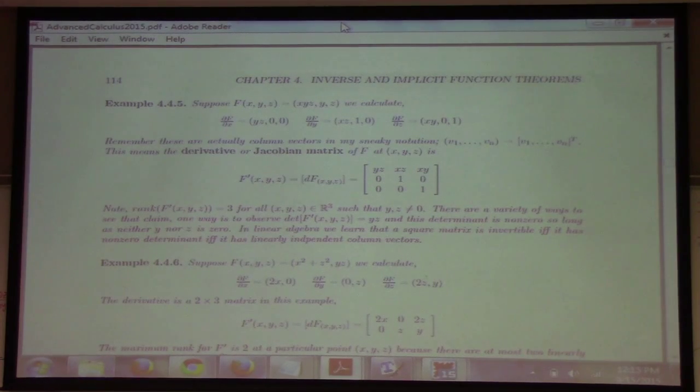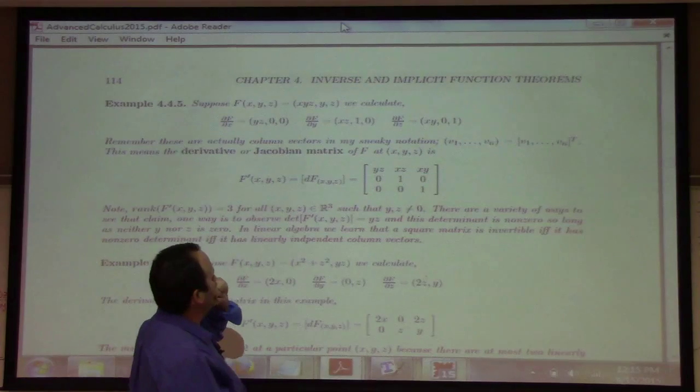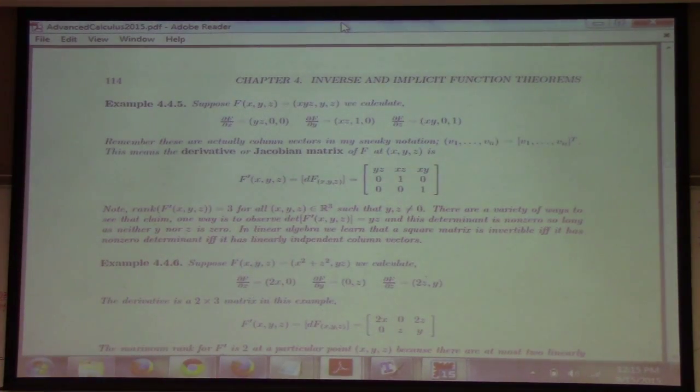So suppose you have the mapping f of x, y, z equals x y z, y z. Here's a mapping from R3 to R3. The Jacobian matrix is this thing. That definitely doesn't have rank 3 if y and z are both 0, or if y is 0, or if z is 0, because that means the first column is 0.